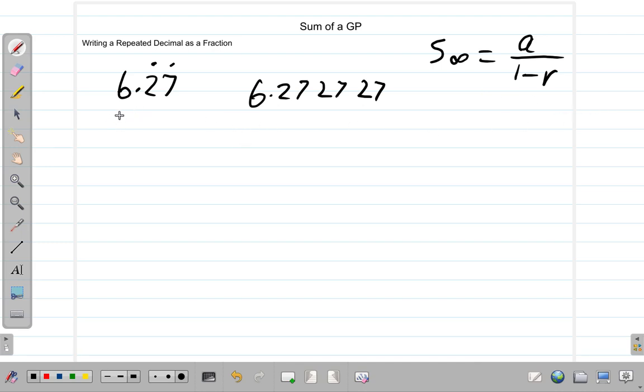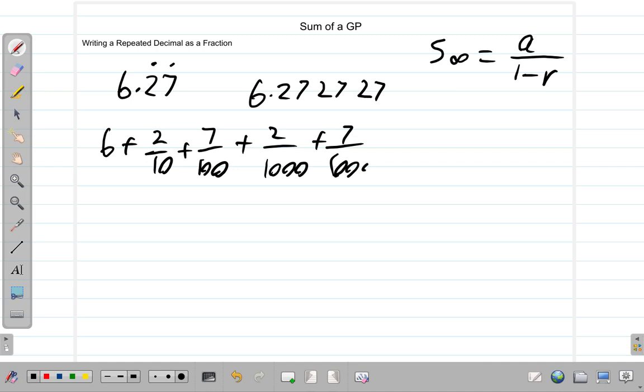Now, what this is really 6 plus 2/10 plus 7/100 plus 2/1,000 plus 7/10,000 plus the next one would be 2/100,000 plus 7/1,000,000.